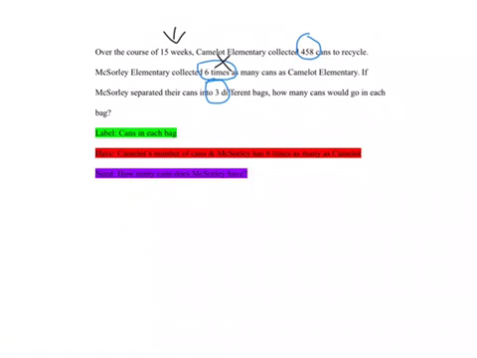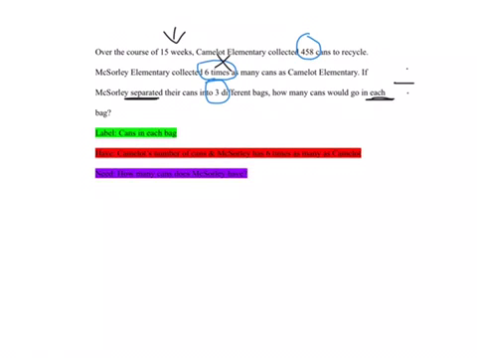If McSorley separated their cans into 3 different bags, how many would go in each bag? If you remember back to that chart, the word each can be used for division or multiplication. In this case, we're separating, so we are going to divide.